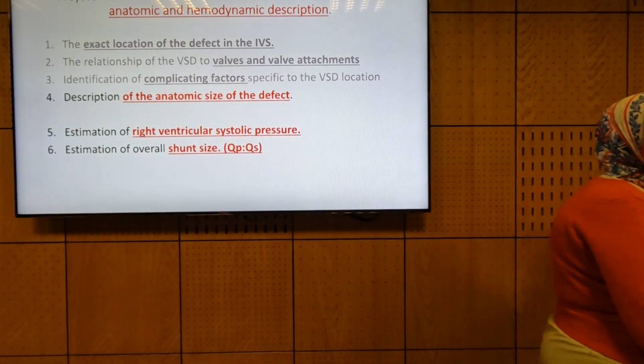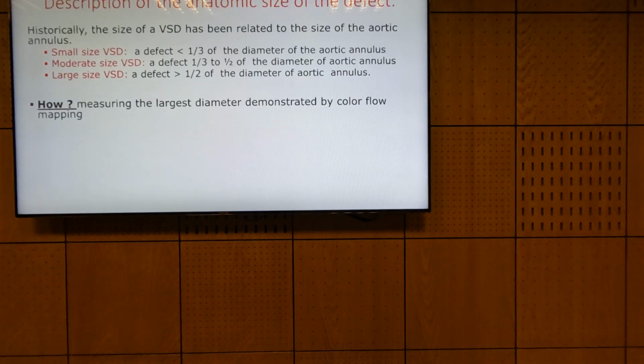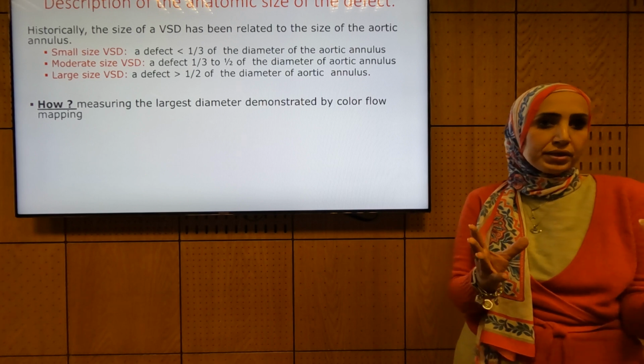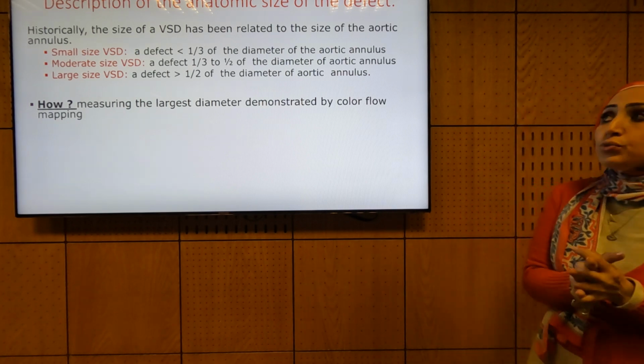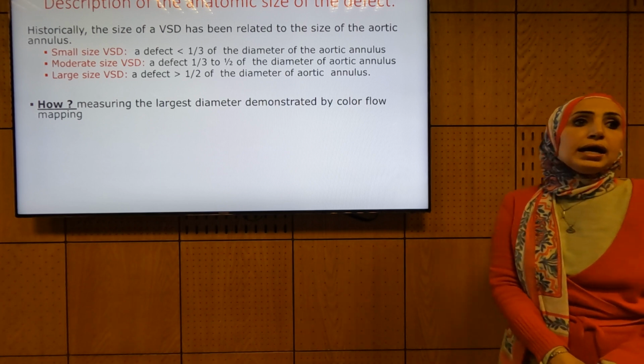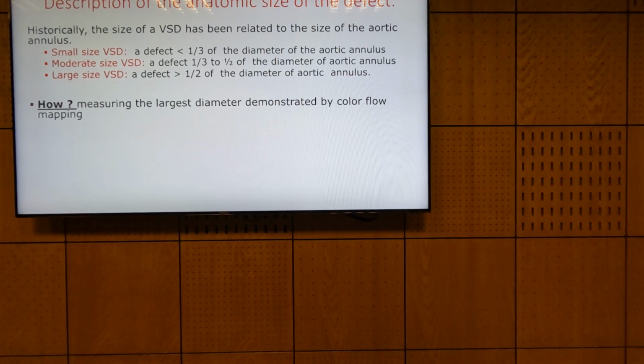This is the last point in the anatomical part. The size of the VSD, it has become historical. So actually we don't stress that much on reporting it, but it's just for completion of the report. Historically, we compare the size of the VSD to the size of the aorta, and we end up with a small, moderate, or large VSD.